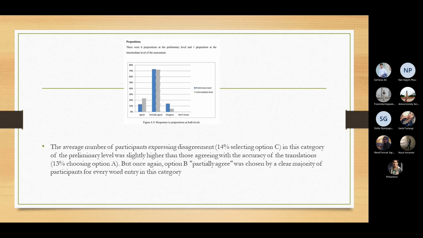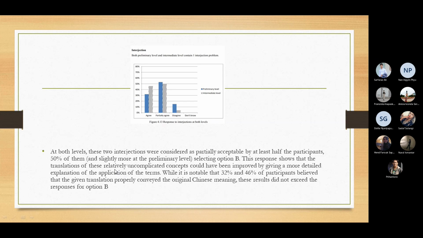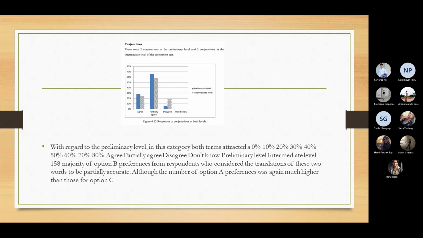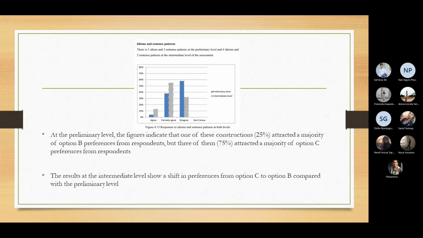Prepositions at the primary level were 6, and at the secondary level 1. You can see here. I'm not telling you the percentage so that we make up time. Conjunctions were 2, and then 3 conjunctions were at intermediate level. Interjections were 1.